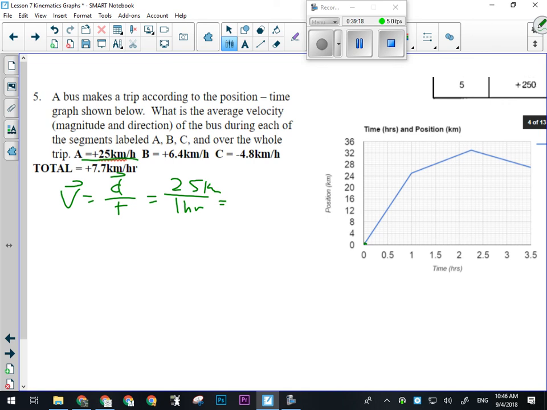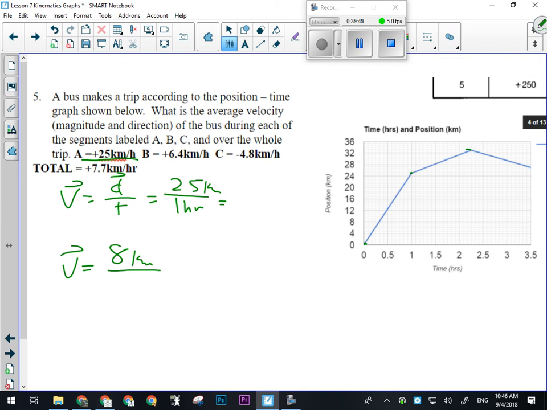For part B, I go from a position of positive 25 to a position of positive 33, is what I'm reading that to be. So that's going to mean a change of 8 kilometers in position, and that takes from 1 hour to about 2.25 hours.